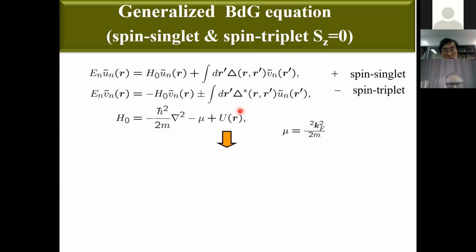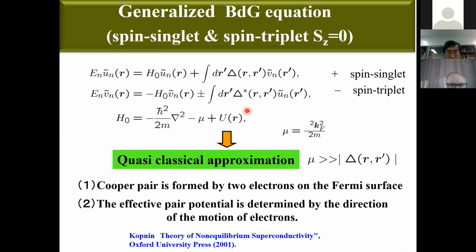And to treat this problem, we should use some kind of approximation to treat it analytically. Of course, numerical calculation in a tight-binding model is available now, but to understand the good physical picture, some kind of analytical analysis is quite useful.